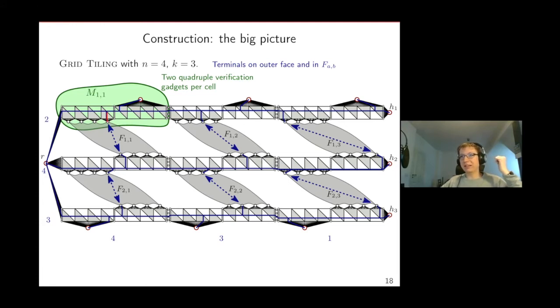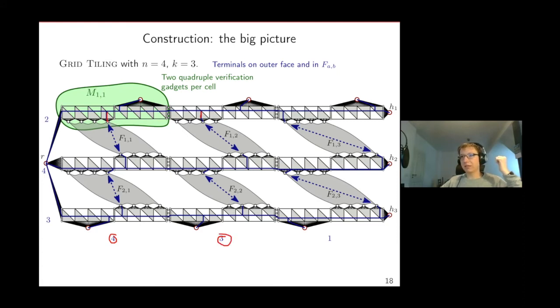So the fact that this T shape is in the fourth verification gadget means that in this column I picked the number 4. The same way, in the next column it's in the third gadget, so I picked the number 3.